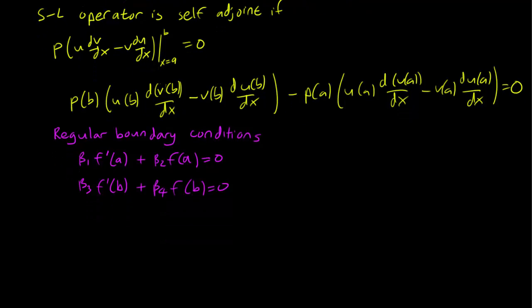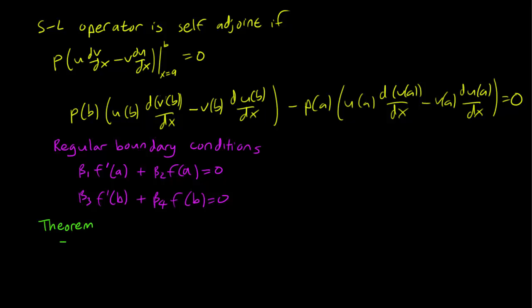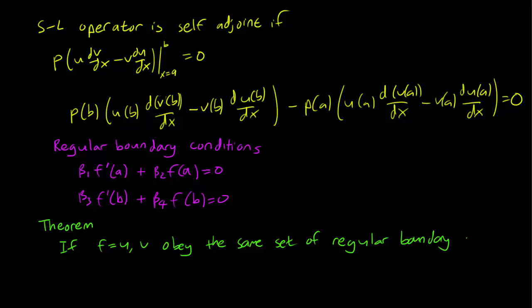And we're going to claim here that if u and v obey the same regular boundary conditions, then L is going to be self-adjoint.